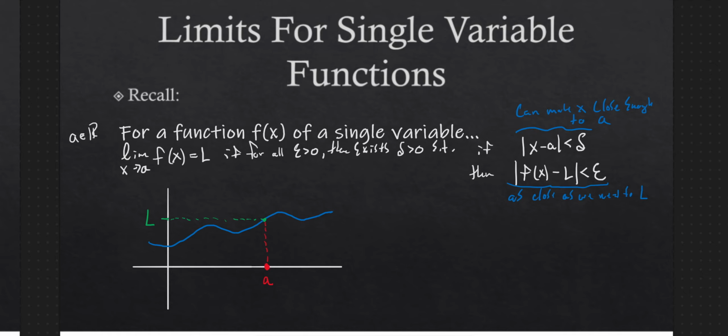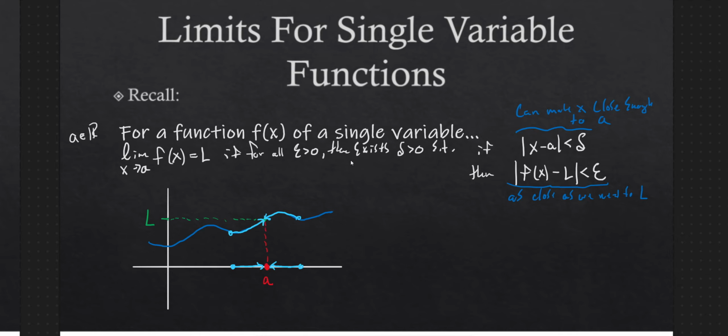So if we approach a from either the left or the right, and we track the function values as we do that, so let's say we approach from the right, that's what our track looks like as function values. That track approaches L. Those function values approach L. And if we come from the left, those function values also approach L.